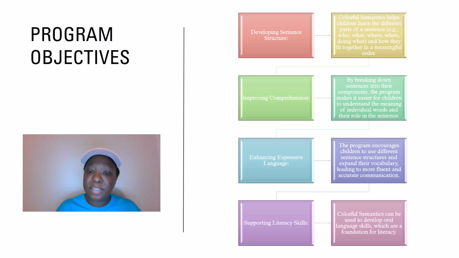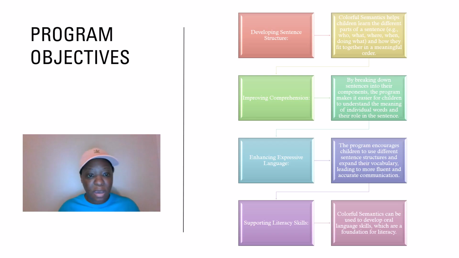It enhances expressive language. The program encourages children to use different sentence structures and expand their vocabulary. This leads to more fluent and accurate communication. It supports literacy skills. Colorful semantics can be used to develop oral language skills, which are a foundation for literacy.